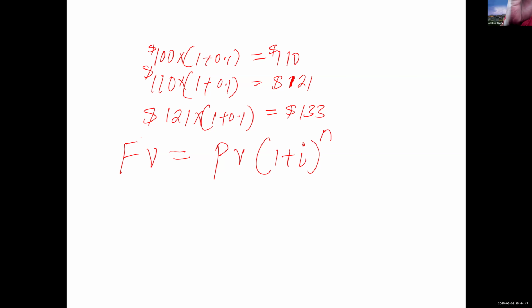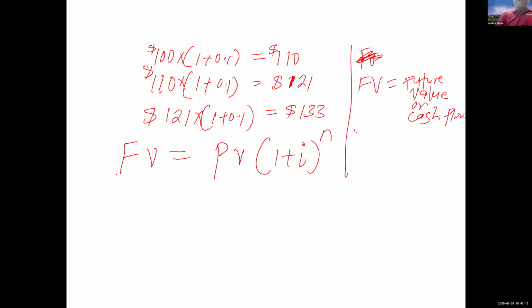So this FV, okay, my variables in this simple time value of money: FV stands for future value. Future value is also what we call cash flow, or cash flows.